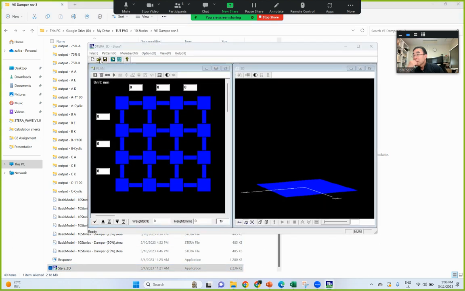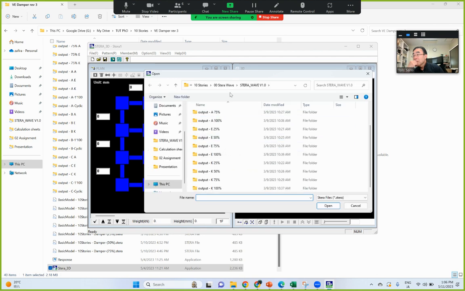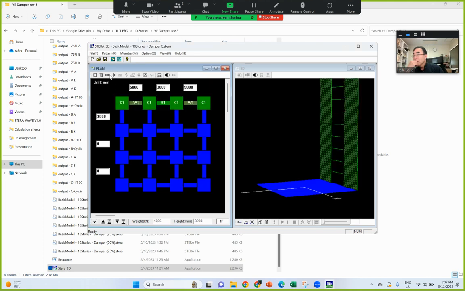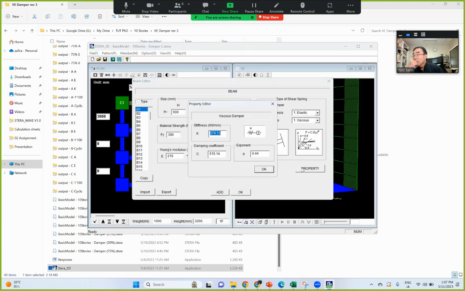For example, this model C. So I put in these properties in C. But the stiffness is not the same as in the book. This is what we call the point type.